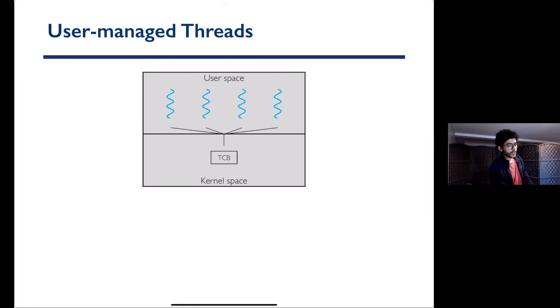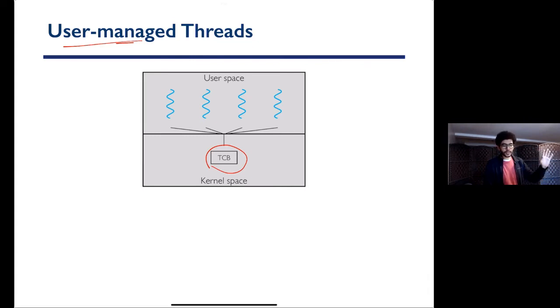So in this user-managed threads model, from the kernel's point of view, the kernel keeps a single TCB for this entire user process. Now the user process creates its own threads. So inside user space, it creates TCBs, whatever you want to name them.